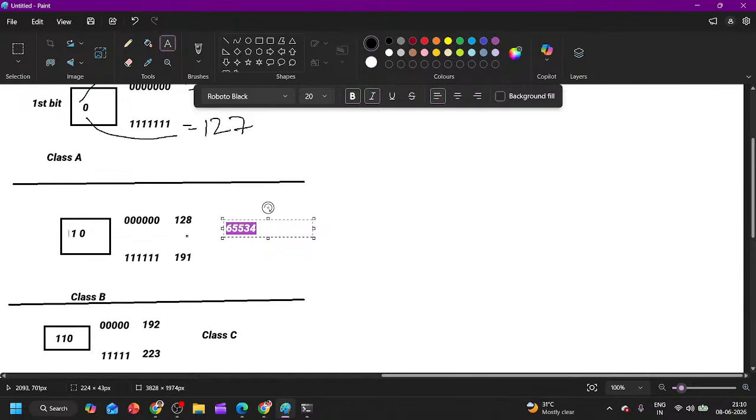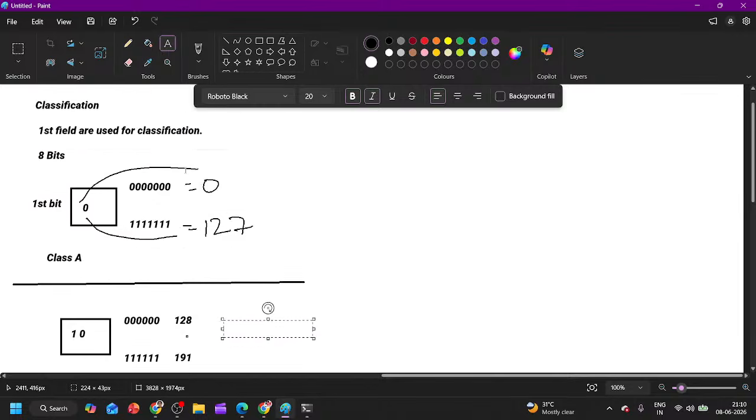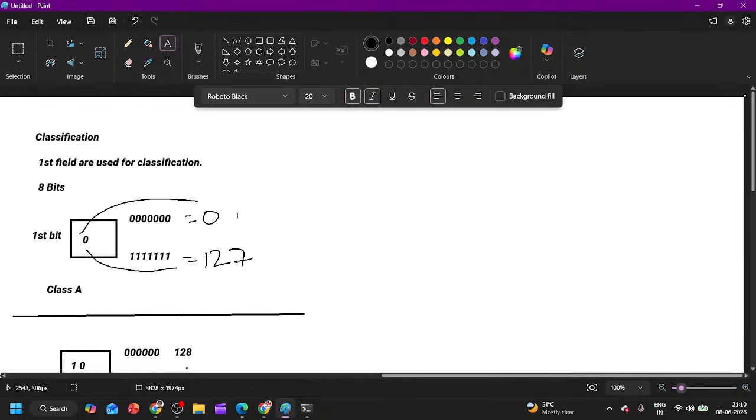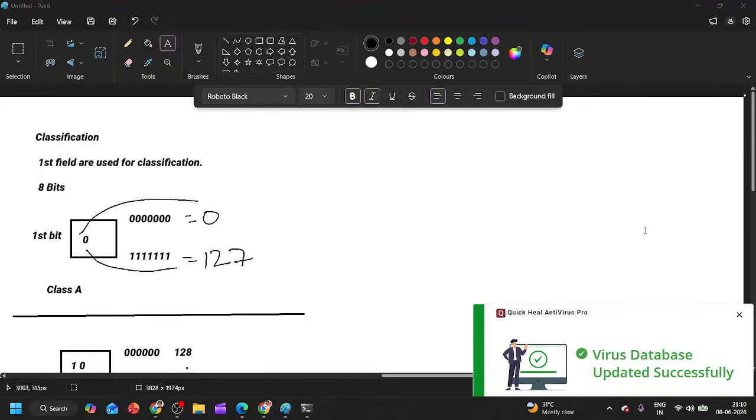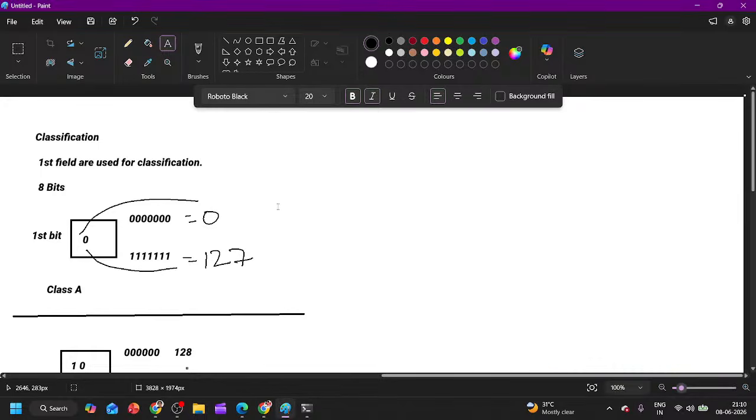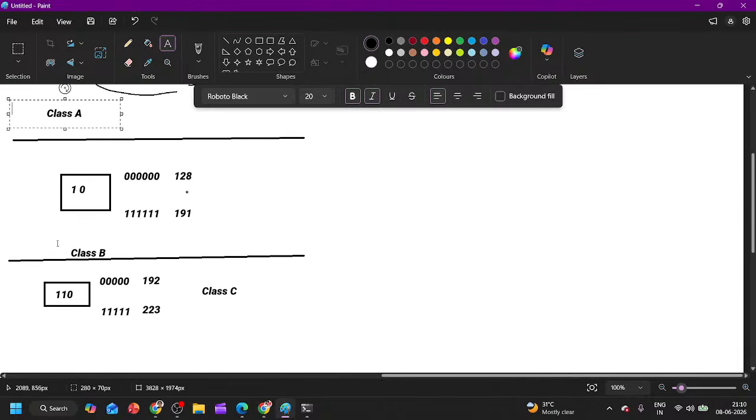This is the total number of IP addresses in this class. So it is good for a medium size company like a tier 3 ISP. And in class A, we have 2 power 24 minus 2 IP addresses. Lots of IP addresses. So this is reserved for large organizations. Class A for large organizations, class B for medium organizations, and class C for small organizations.